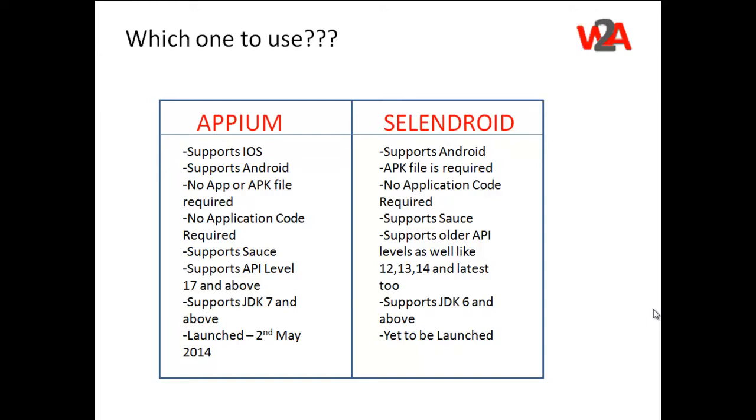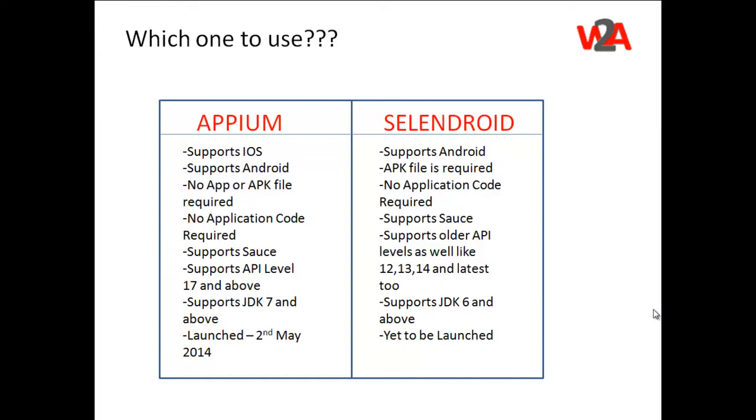Most people use a Samsung Galaxy Note, and the first version, the Note 1, came with an API level below 17, around 13 or 14. If you try to automate any app on that device, Appium will not work, because it supports the higher level API.